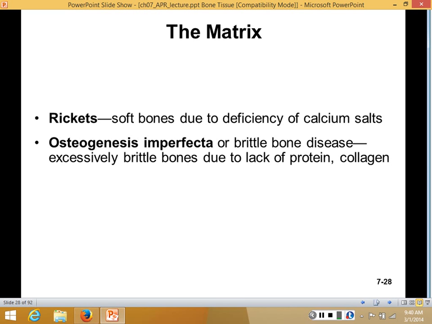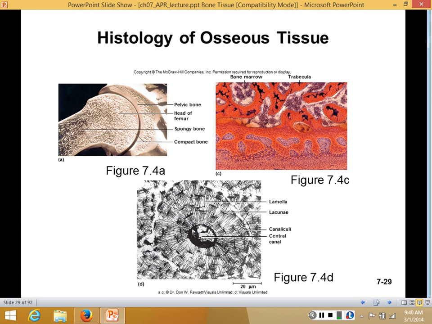But as she got older and started taking the calcium supplements and the vitamin D, she wasn't as prone to getting those fractures, because the bone is still developing, as we're going to talk about a little bit later, while you're growing as kids. So, brittle bone disease: excessively brittle bones due to lack of what? The protein collagen. Okay? So this is that picture you guys had to label, I think, last week for your lab.